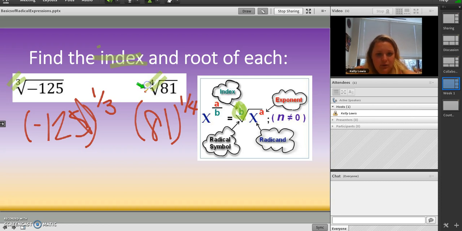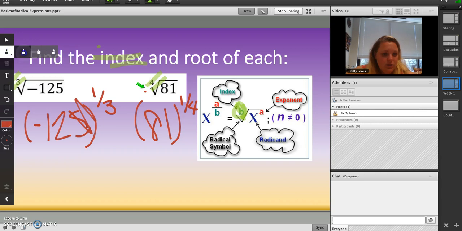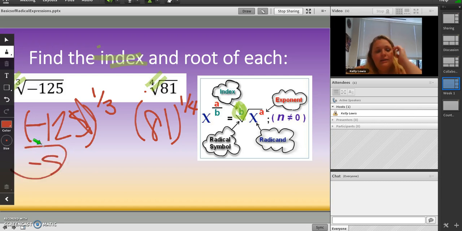That index is 4. And we'll find the root of each. 5 times 5 times 5 is 125, and since we have a negative, it's -5. Then we need to figure out a number that multiplied 4 times is 81. I'm thinking 2 times 2 is 4, times 2 is 8, times 2 is, that's not big enough. 3 times 3 is 9, times 3 is 27, times 3 is 81.